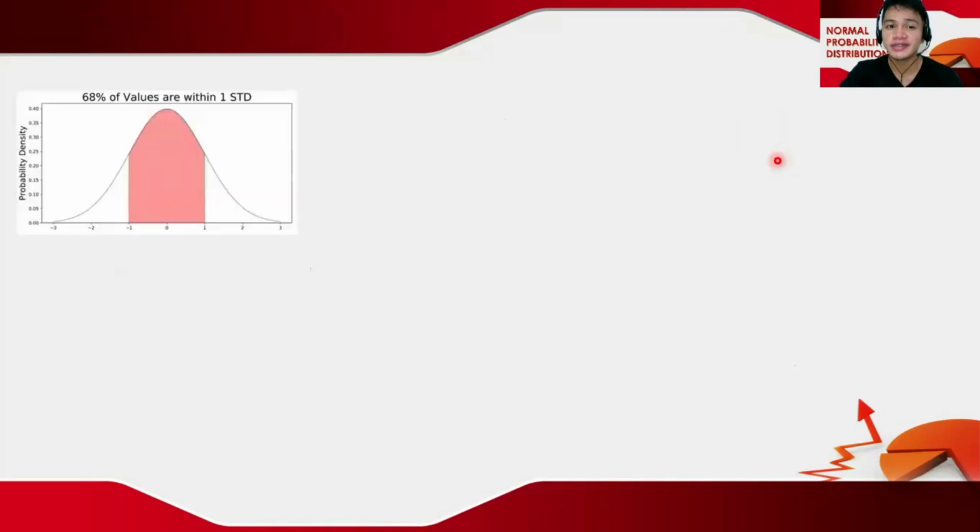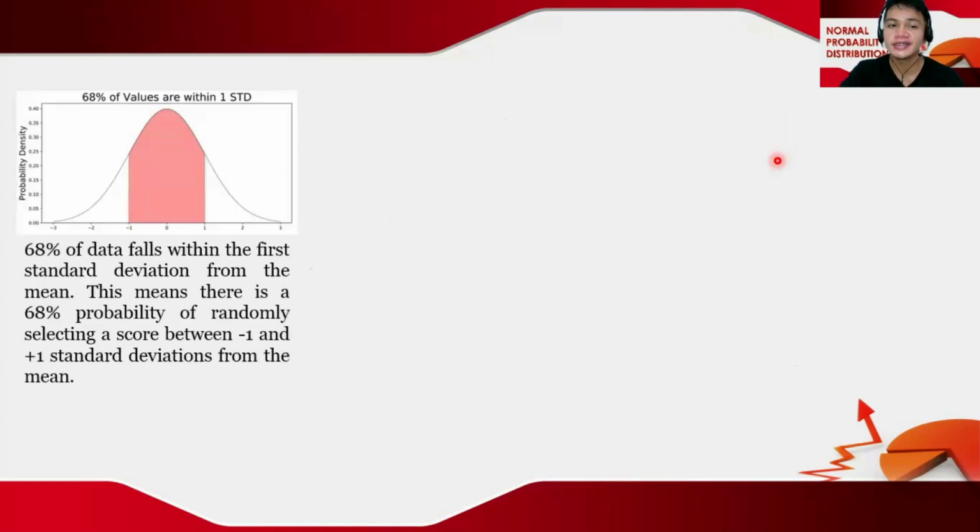68% of values are within one standard deviation. 68% of data falls within the first standard deviation from the mean. It means there is a 68% probability of randomly selecting a score between -1 and +1 standard deviation from the mean.